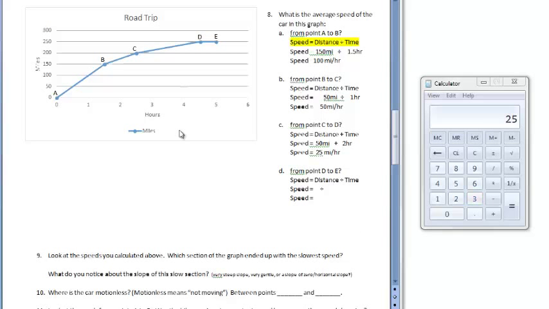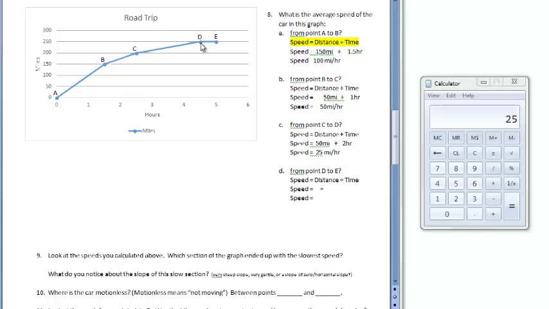For problem D, we start at point D and move to point E. We need to figure out the average speed. In order to do that, we need distance and time. The distance for point D was 250. The distance for point E was 250.